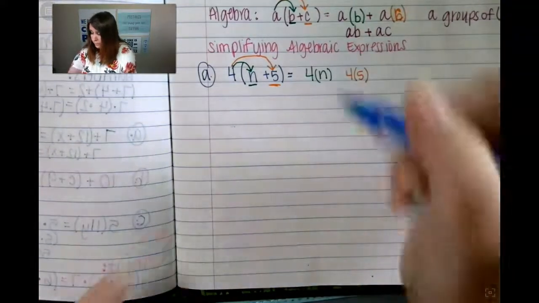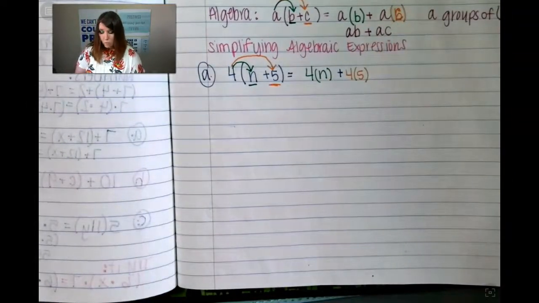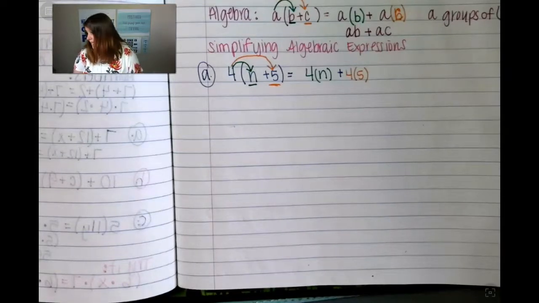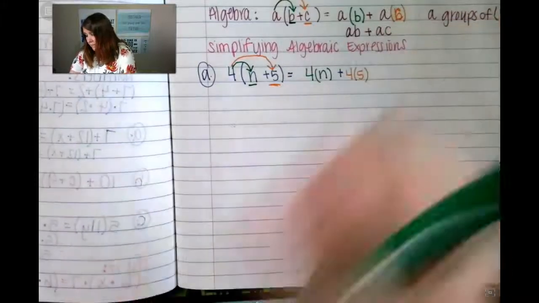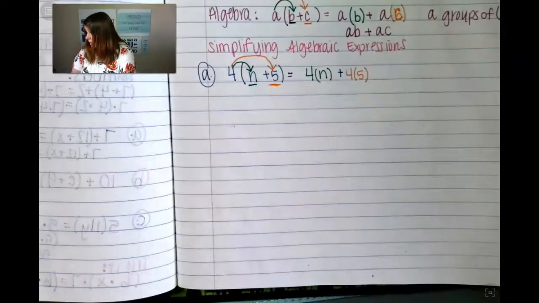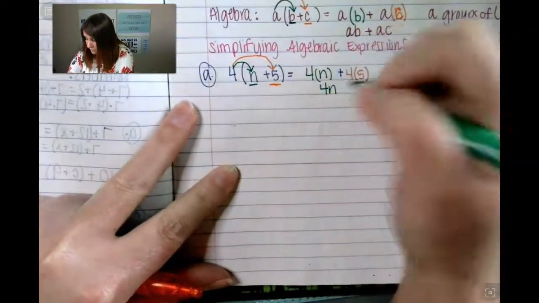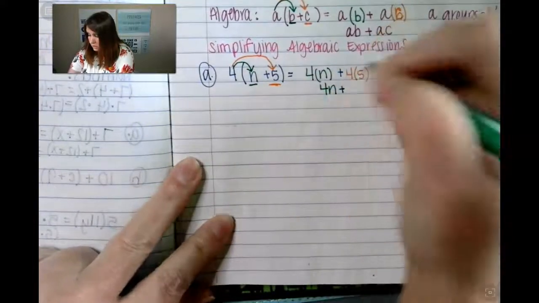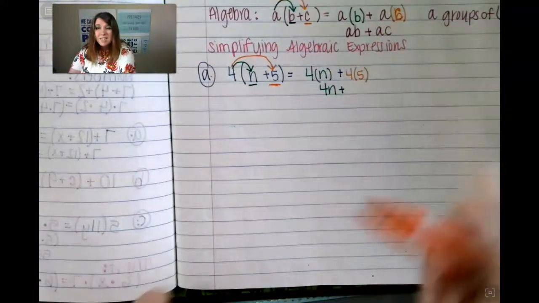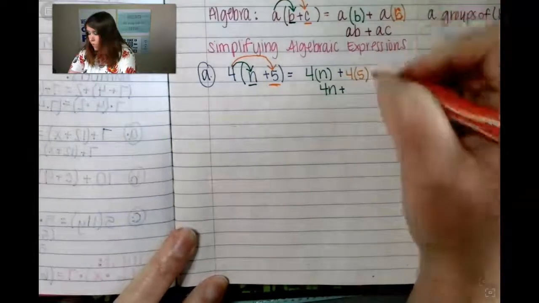Now, we need to simplify. So I can simplify this by saying 4 times n is 4n plus, what is 4 times 5? 4 times 5 is 20.